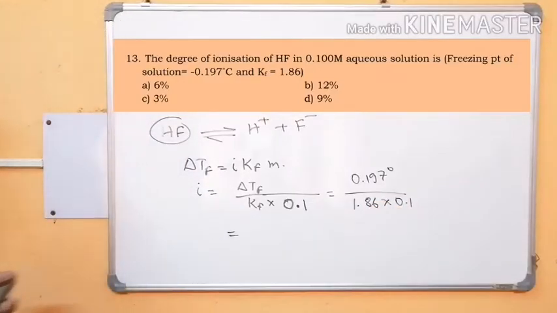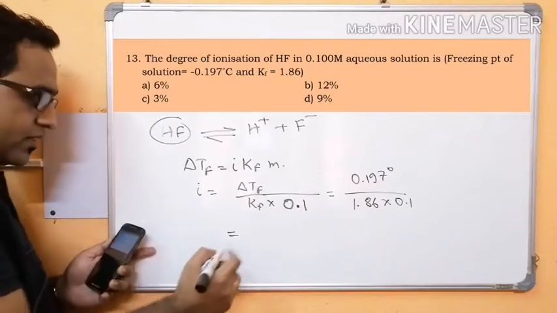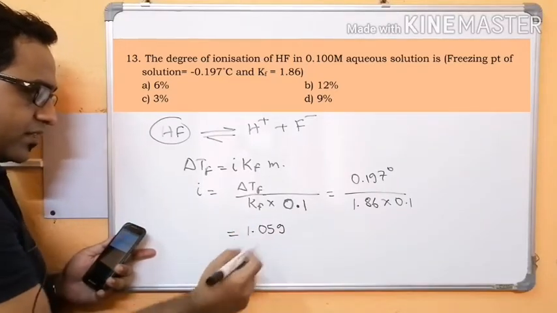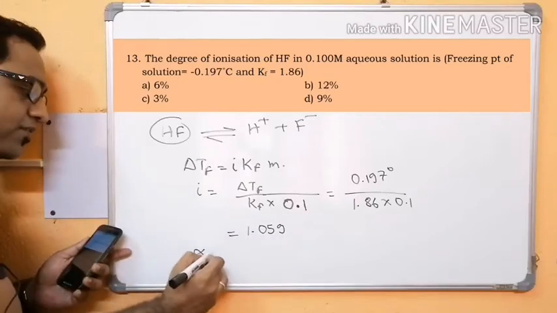So the final answer becomes, let me check it in the calculator, you also check yourself. So it is 0.197 divided by 1.86 divided by 0.1, so i is equal to 1.059. This is coming. So what will be the alpha value?